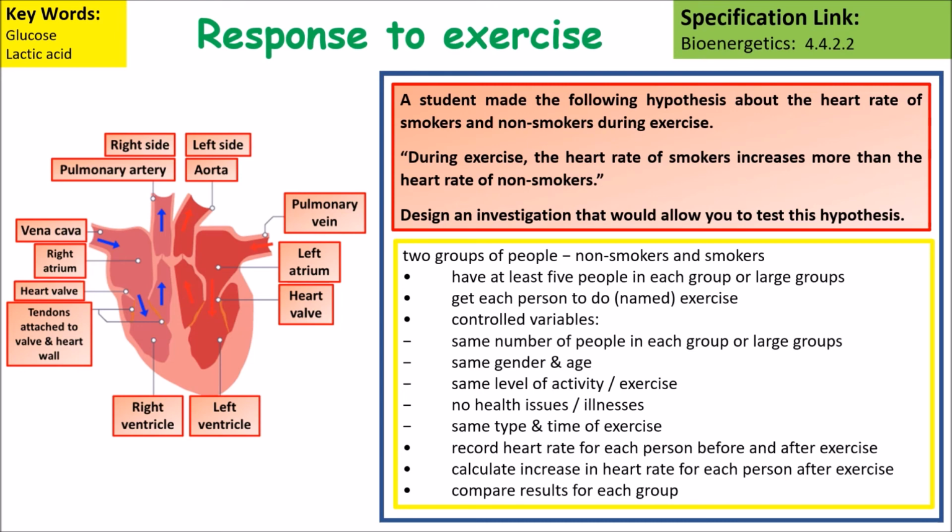Control various variables: the number of people in each group, the age, the type of exercise, the same activity, making sure they had no other health issues, and that the time of exercise was the same. You'd have to record the heart rate before and after for each person, work out the increase in the heart rate, and then compare them for each group.